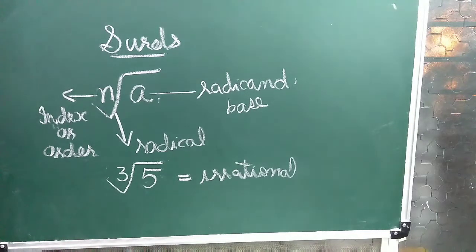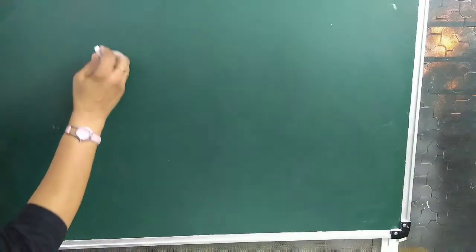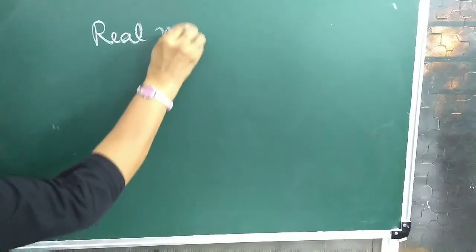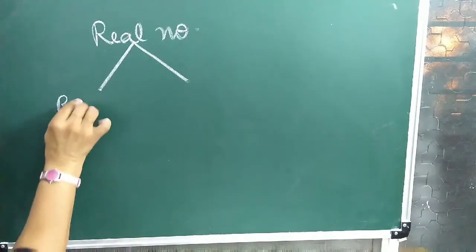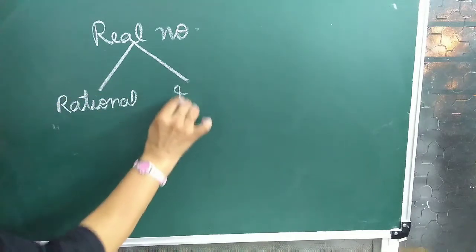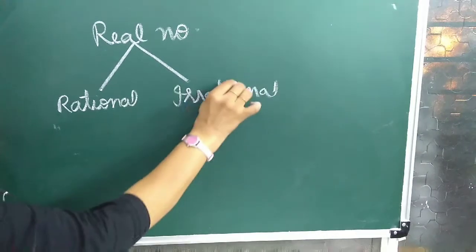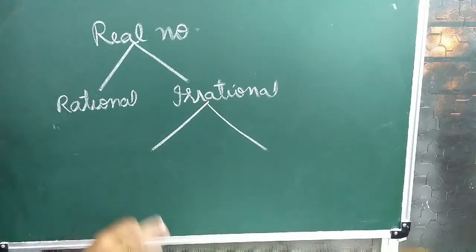Now let us discuss real numbers. We know these real numbers are in two categories: first, rational numbers, and second, irrational numbers. And these irrational numbers are also in two categories.